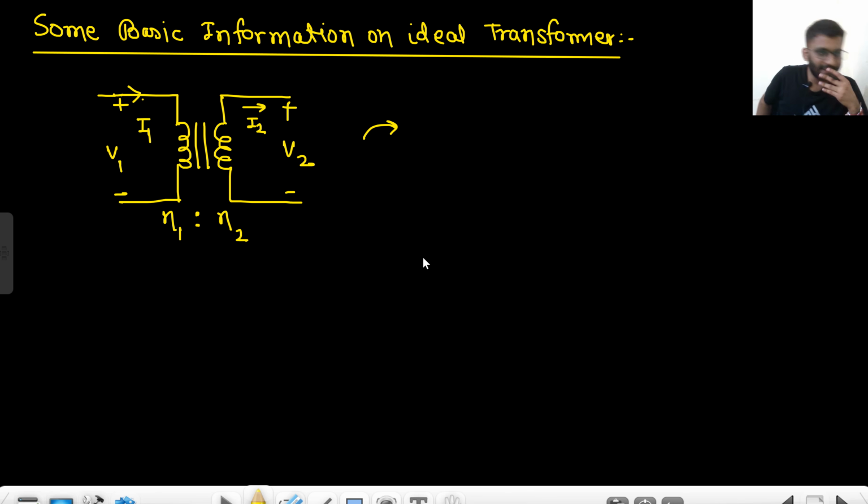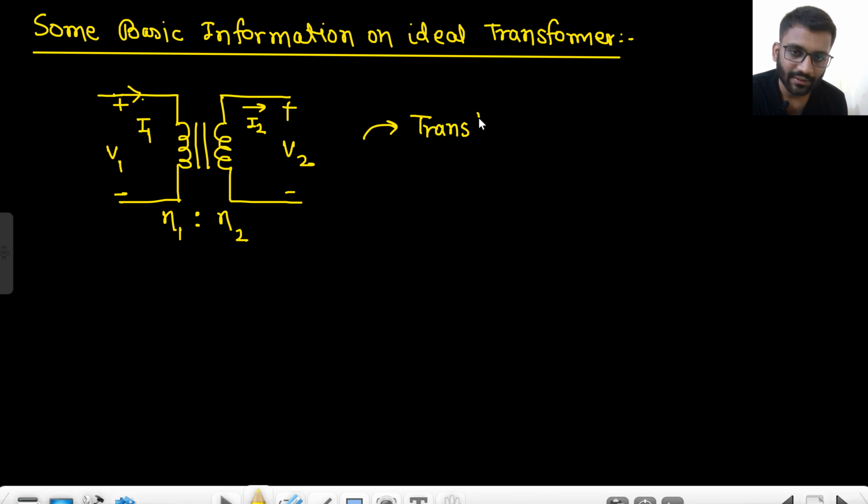In the initial days, people get confused between transformer and transistor. Let's assume you are in first year or second year of BTech, they interchange the terms transformer and transistor. Sometimes they call transistor as transformer. Both are very different things. So transformer is also a linear element.